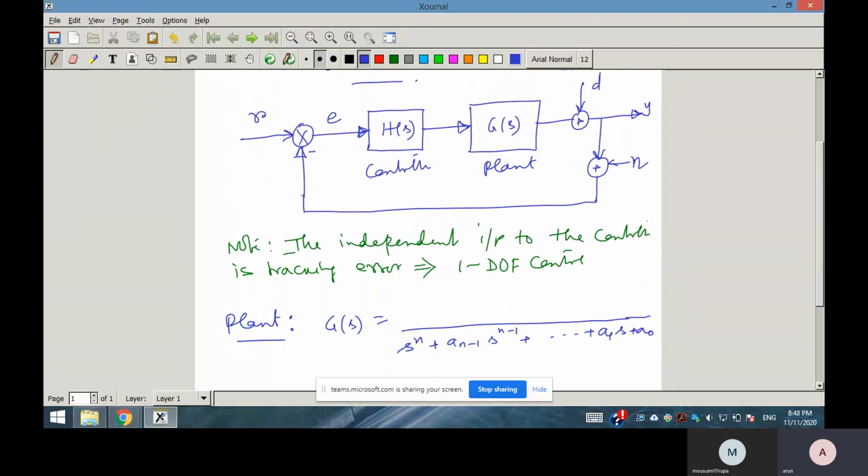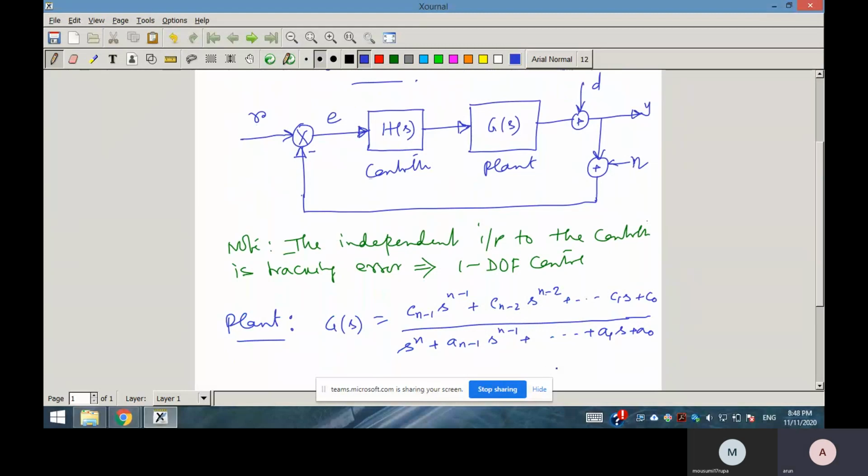This is the denominator polynomial, or pole polynomial, of the open loop plant, and this is your numerator polynomial: c_(n-1) s^(n-1) + c_(n-2) s^(n-2) + up to c_1 s + c_0.